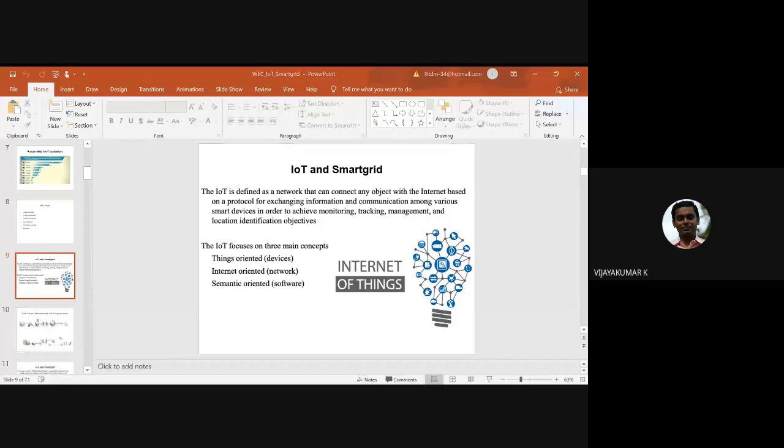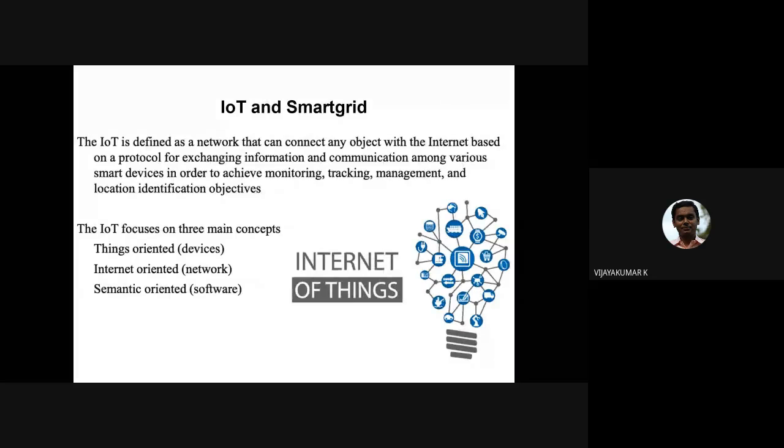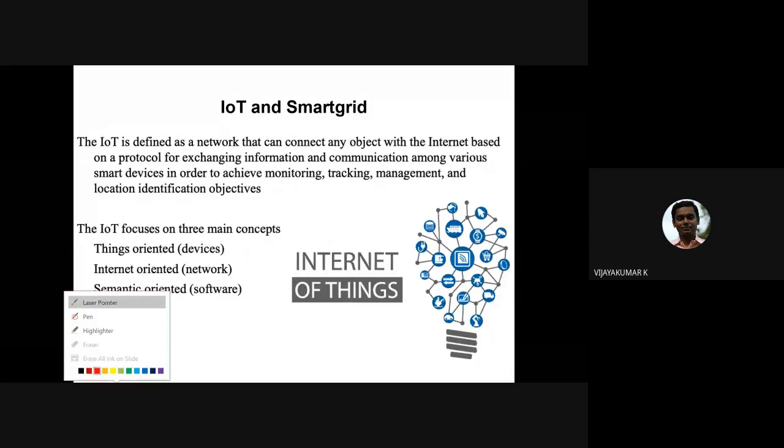Okay, so when we come to cyber physical systems, or you can say smart grid, we can define smart grid or cyber physical system in this way. A cyber physical system, or smart grid, is a system.